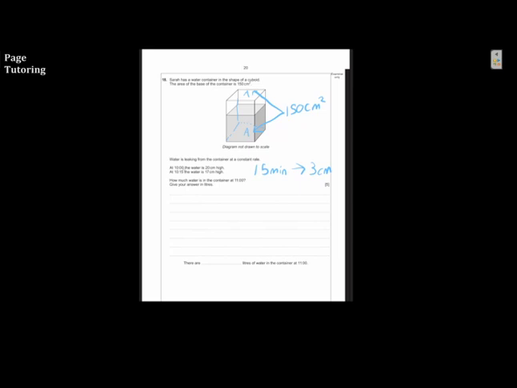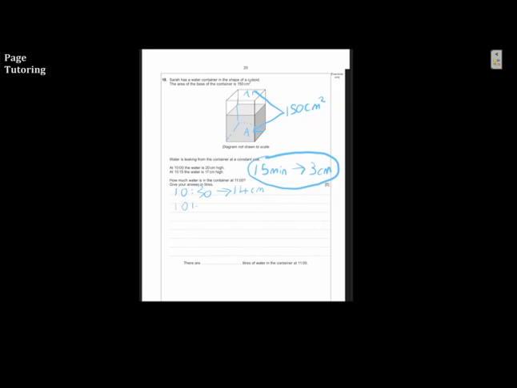So at 10 is 20 centimeters, at 10:15 is 17 centimeters. When it's a constant rate, it means it's linear. It means it's going to change. If you were to plot its change, it'd be a straight line. So we've got our relationship. Every 15 minutes, it loses 3 centimeters. So we could say at 10:30, it would be down to 14 centimeters.